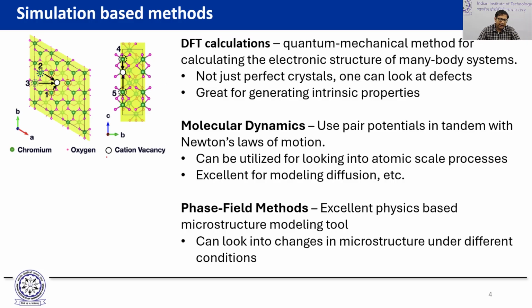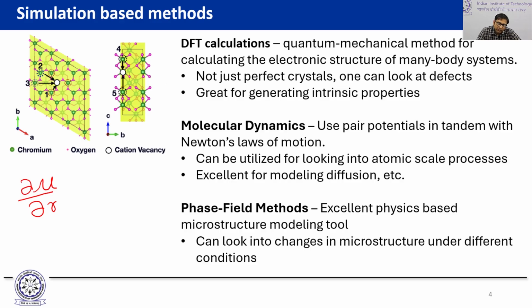So once you know the pair potentials, doing the molecular dynamic simulation basically requires you to iteratively solve Newton's laws of motion. So essentially this entire simulation is built around solving Newton's laws of motion. So if you have a potential given by u, then you can simply take the derivative with respect to the separation, and that will give you a measure of the force which is acting on the atom.